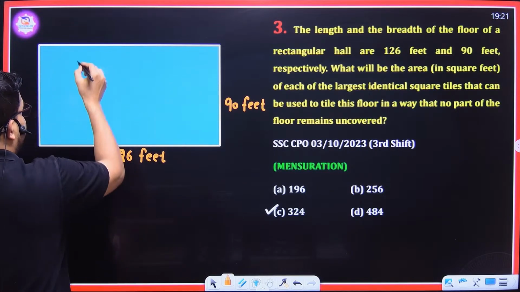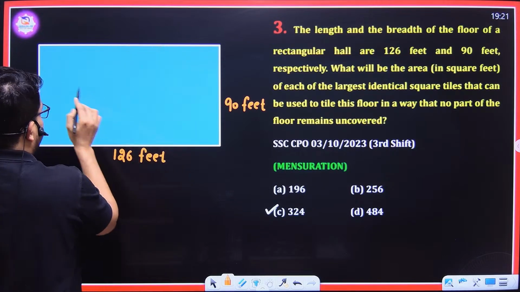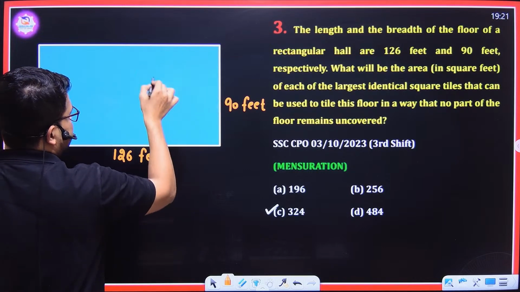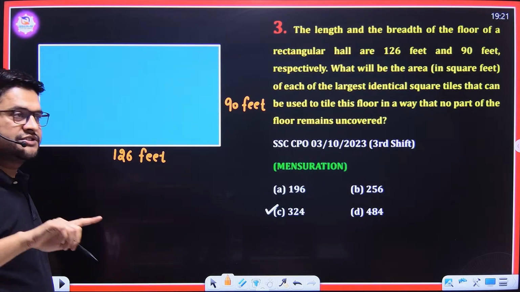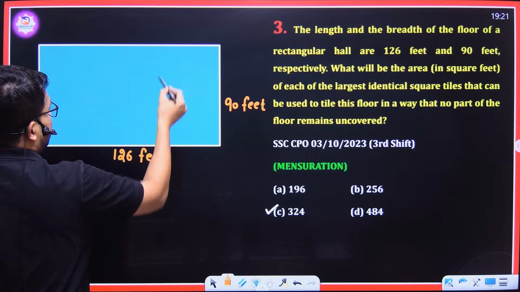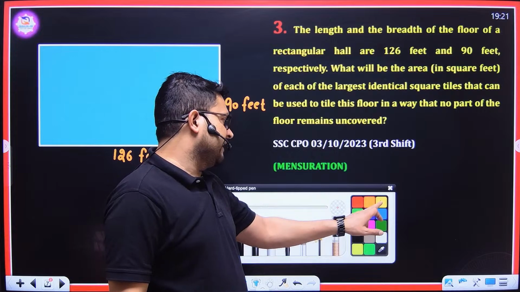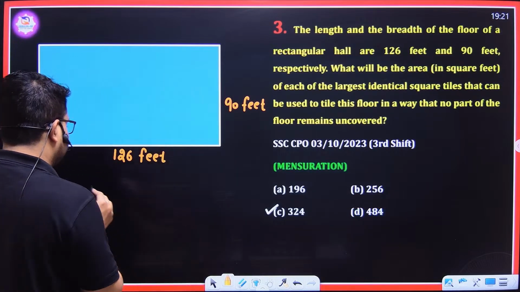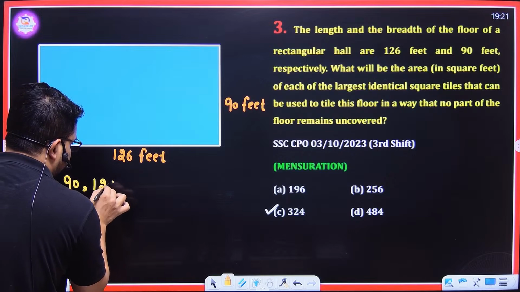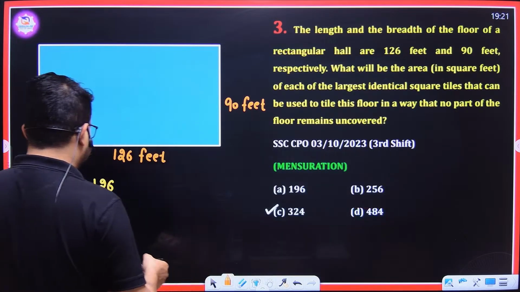If I divide this length into several parts, and this breadth into several parts, then I have squares, and the side of each square should be the same. That will come only when these are equal and larger in number. That will be the HCF of 90 and 126. The HCF of 90 and 126 is 18, as 18 into 5 is 90, and 18 into 7 is 126.